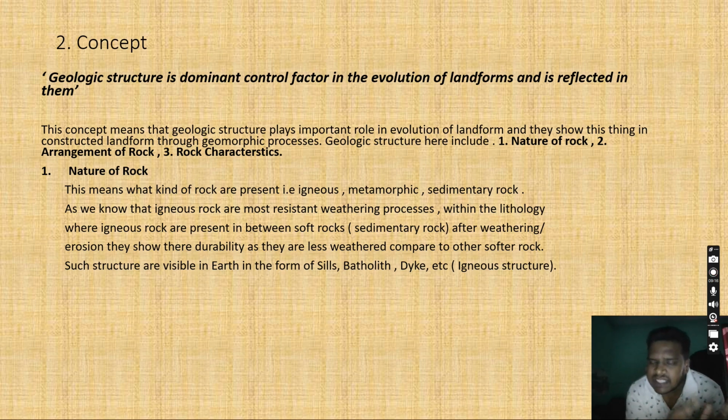The competent layer will be less eroded compared to the incompetent layers, and the sill will appear on the ground as a less eroded competent layer. When we observe it, it appears like mesas and buttes. So mesas and buttes are geologic structures that appear from a sill, having a dominant control factor in the evolution of landform, and they reflect their presence in them.